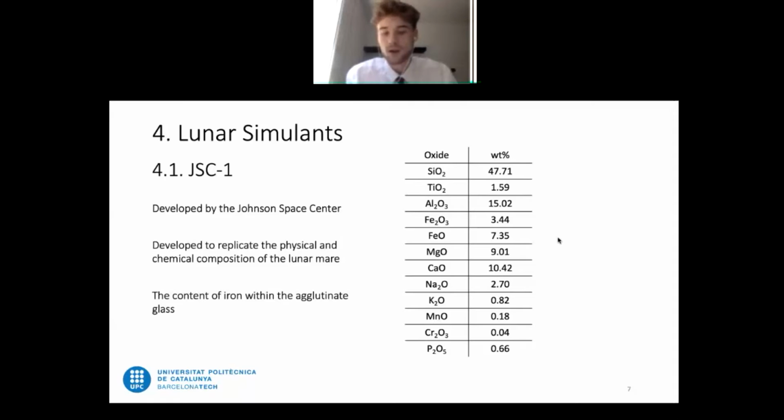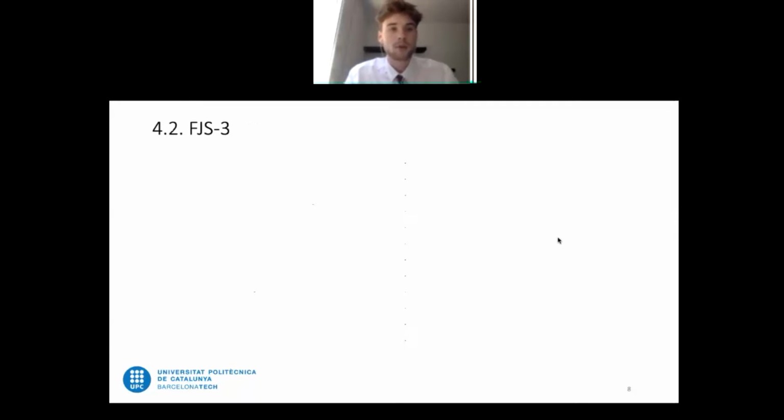Effectively, the lunar surface is an extremely reductive environment. So having iron at its third oxidation level is very uncommon, even though there have been studies recently to suggest that hematite has appeared in the high altitudes of the moon.